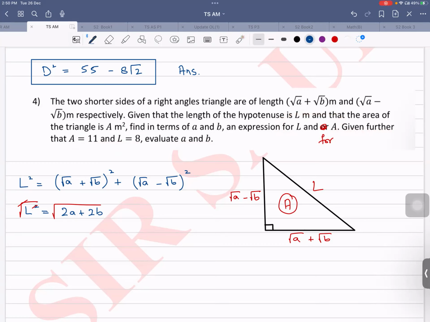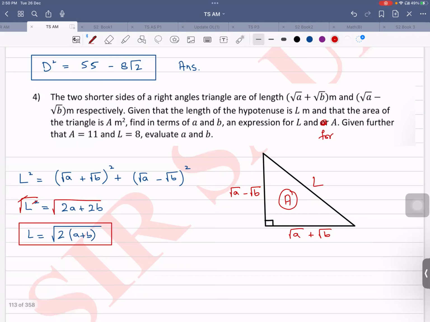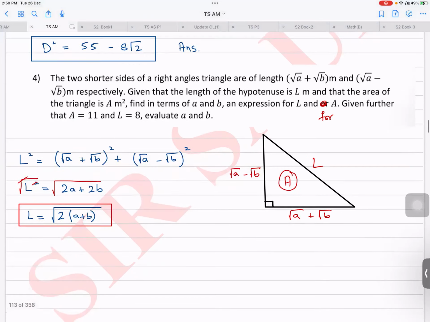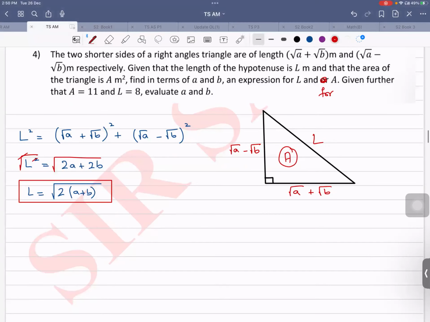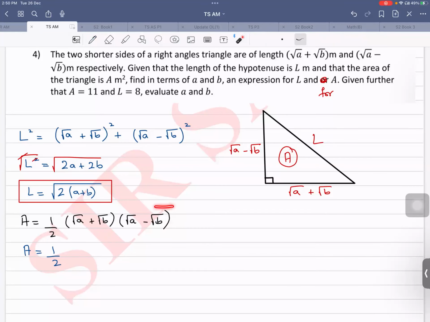Now we will find the expression for A. Half into base into height, which algebraic identity do I notice over here?